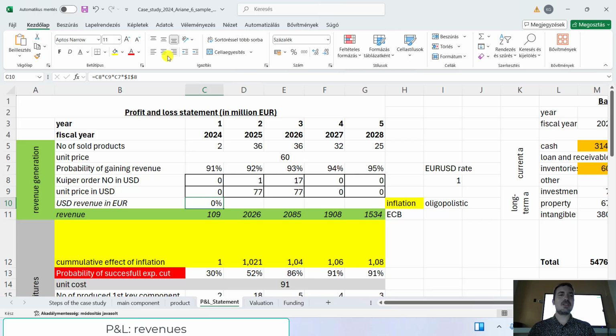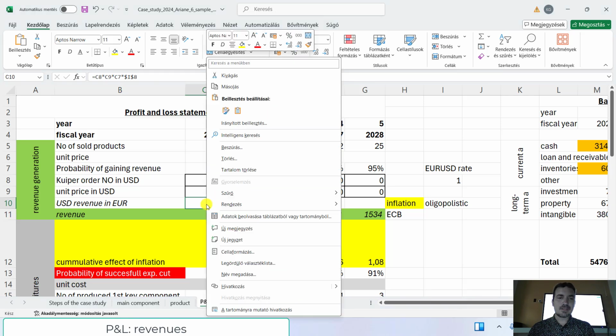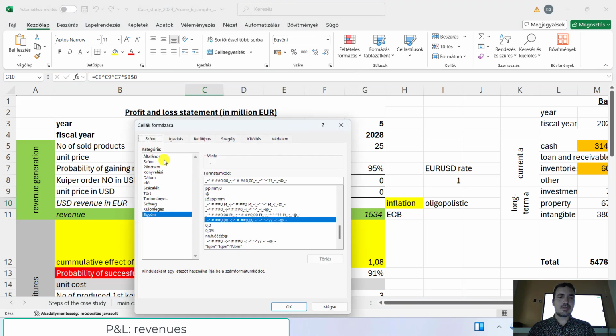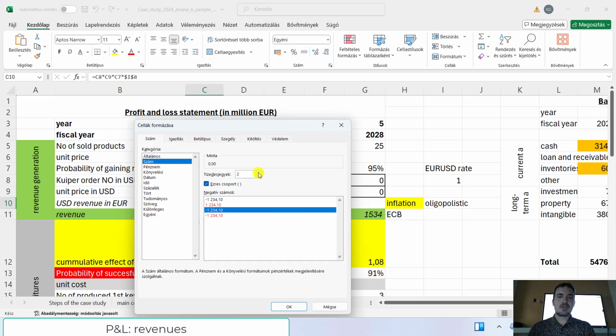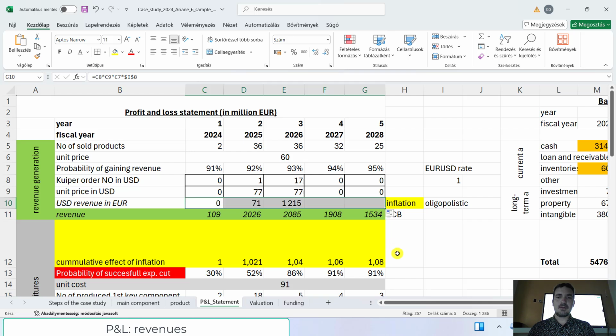This is not a percentage, so what? Dun, dun, dun. Yay!